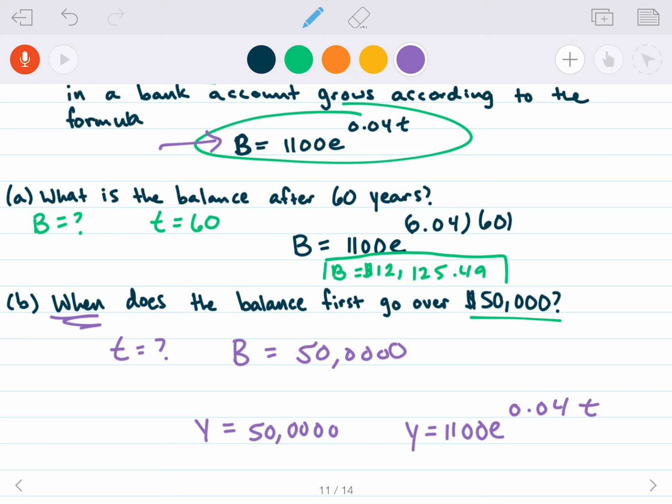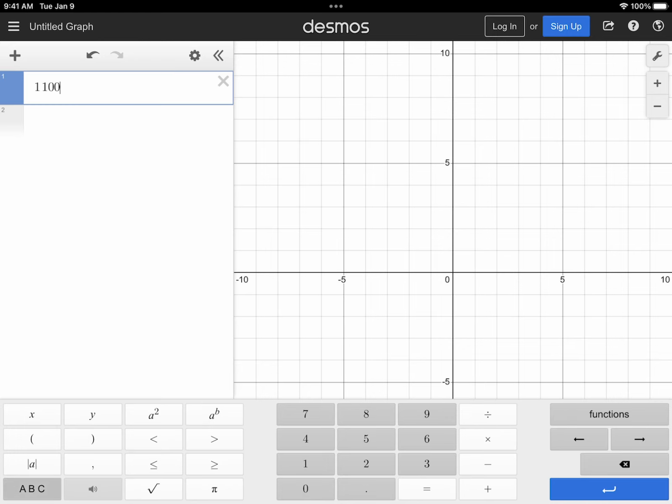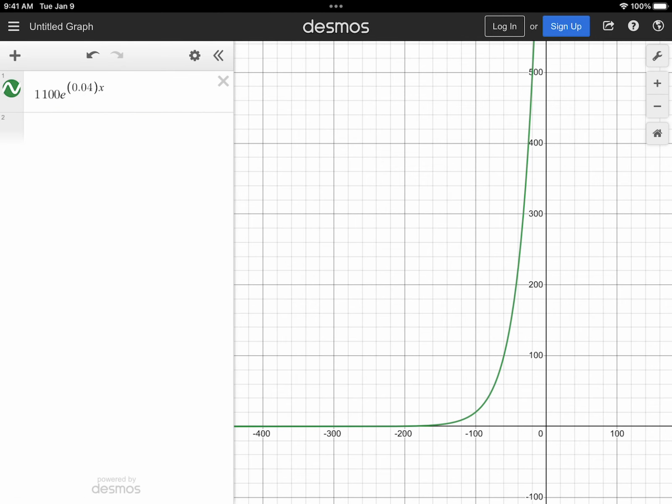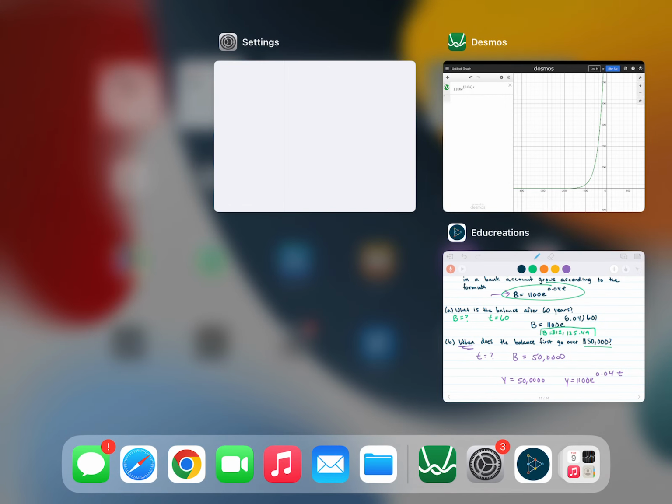So let's do that. And instead of t, I'm going to use x because that's what Desmos likes as our independent variable. And then let's just double check this.